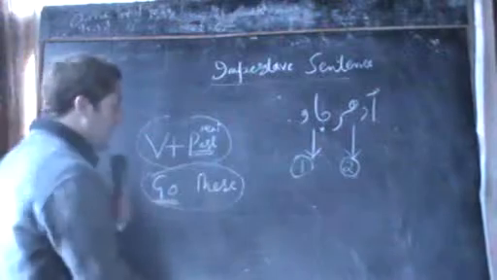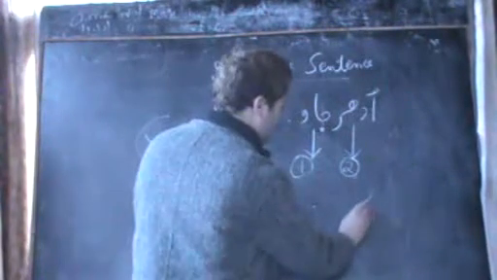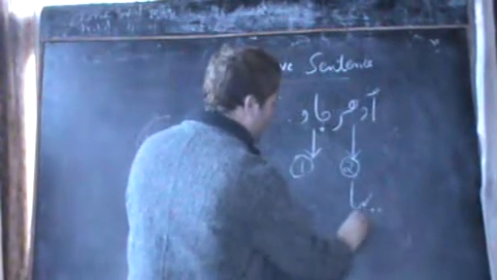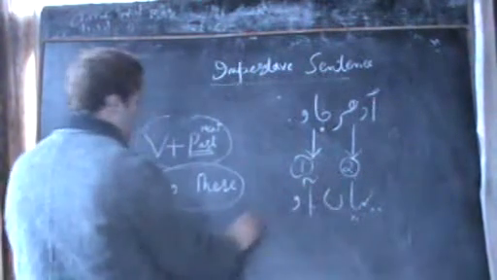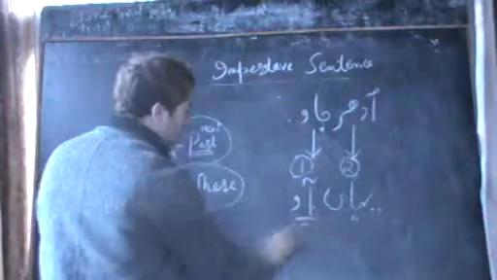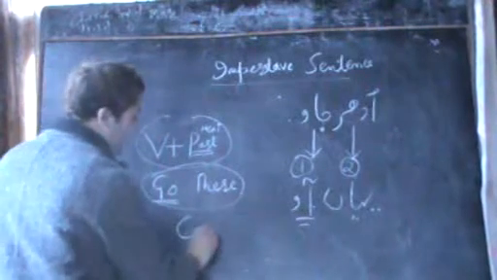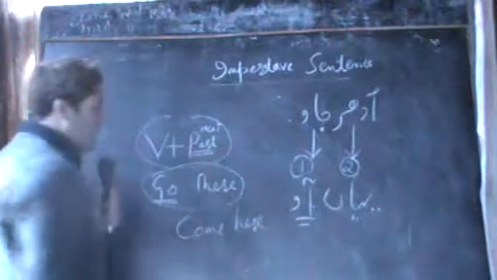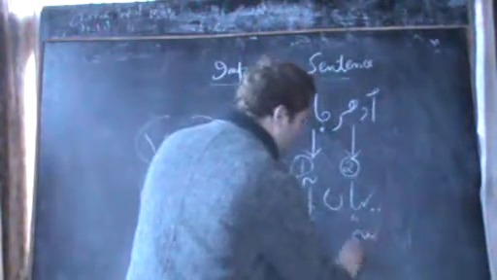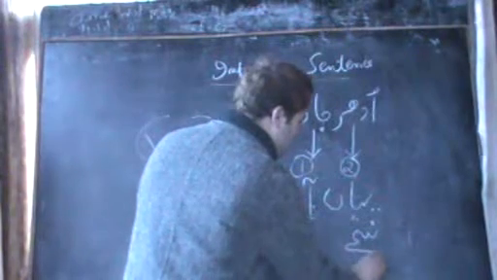So I will say now another example. Yahan aao. So aao is come. So I'll write here. First I will start from the verb, come here. So another example. Niche baitho. You say to any person that you sit down.